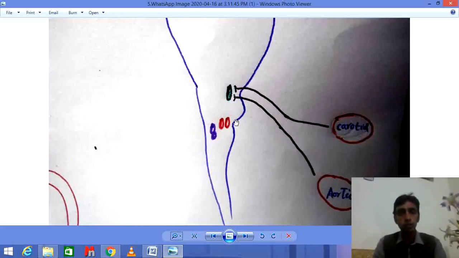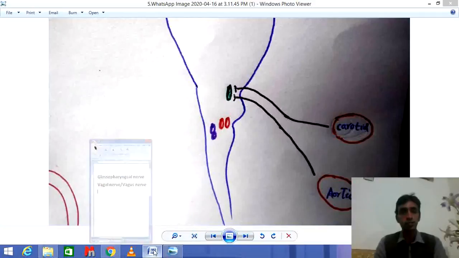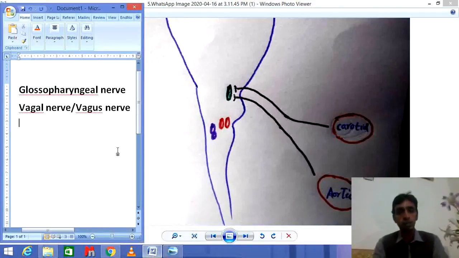Now you can also see 4 nucleuses over here, and these 4 nucleuses are combinedly called the cardiovascular center.